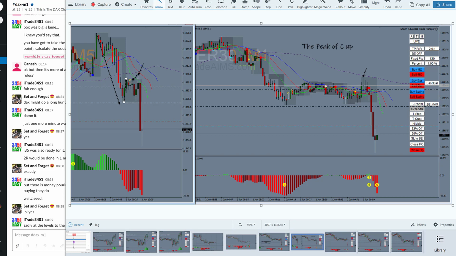A, so this A up, B down, and C up. This pattern is the PC pattern, where the wave C fakes out the previous in a sequence of stepping down.